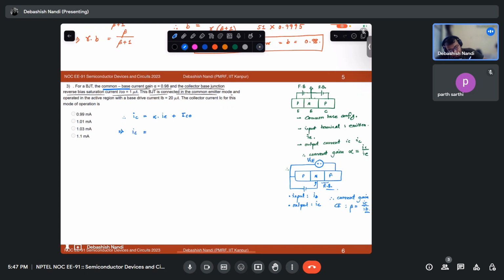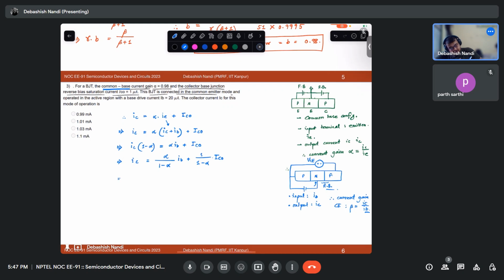So now if you write in this fashion, this relation will always hold: IE equal to IC plus IB. Then if you take your IC this side, it will be alpha over 1 minus alpha times IB plus 1 over 1 minus alpha times ICO.